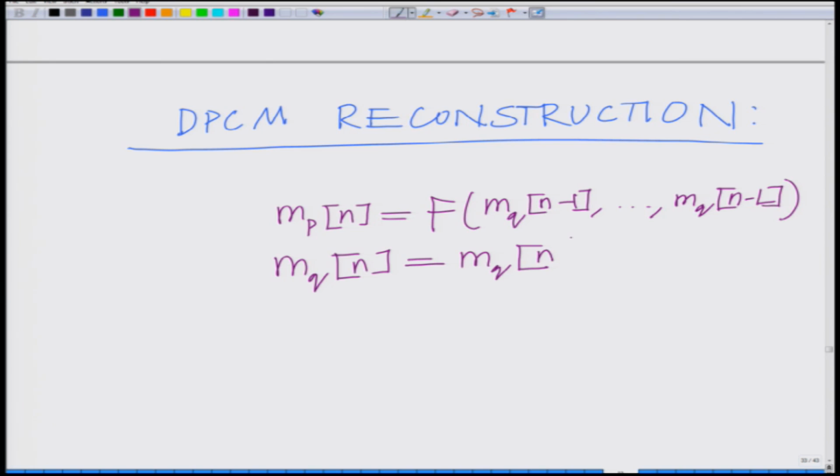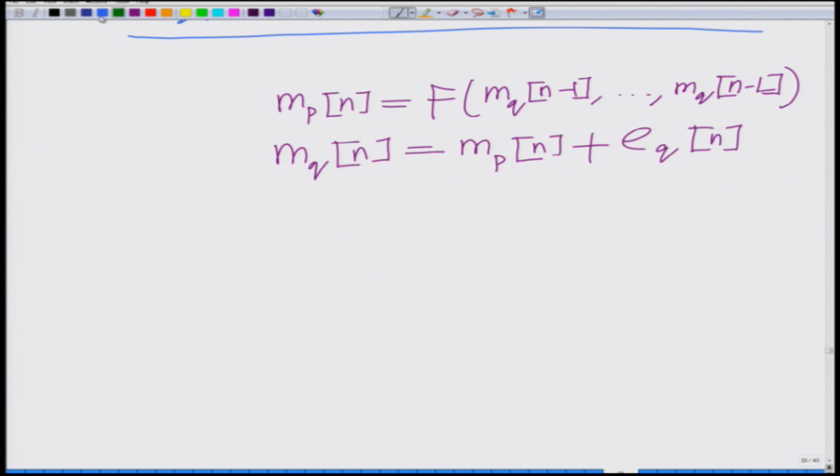And then you have your reconstructed value MQ of n at time instant n, which is MP of n plus EQ of n. So, this is the quantized error at time instant n. Let me describe these quantities.